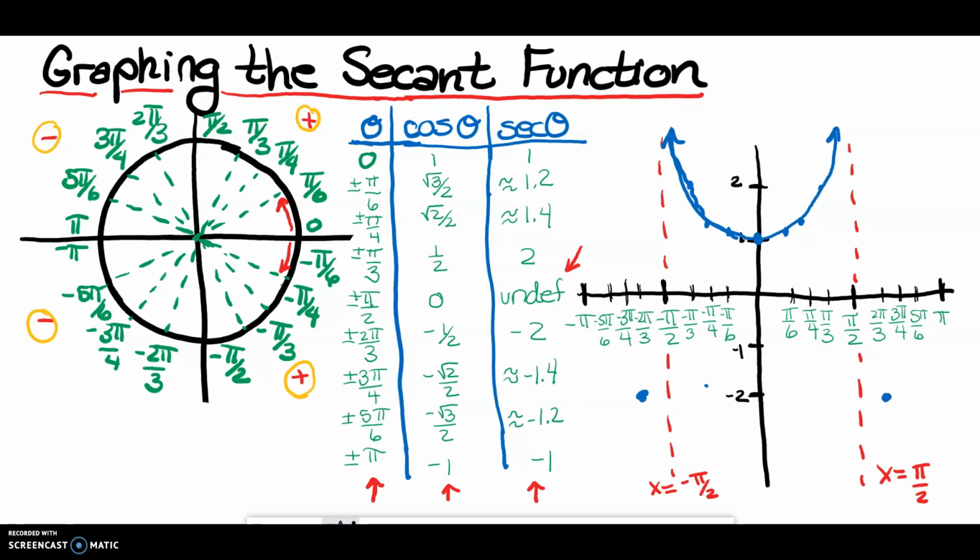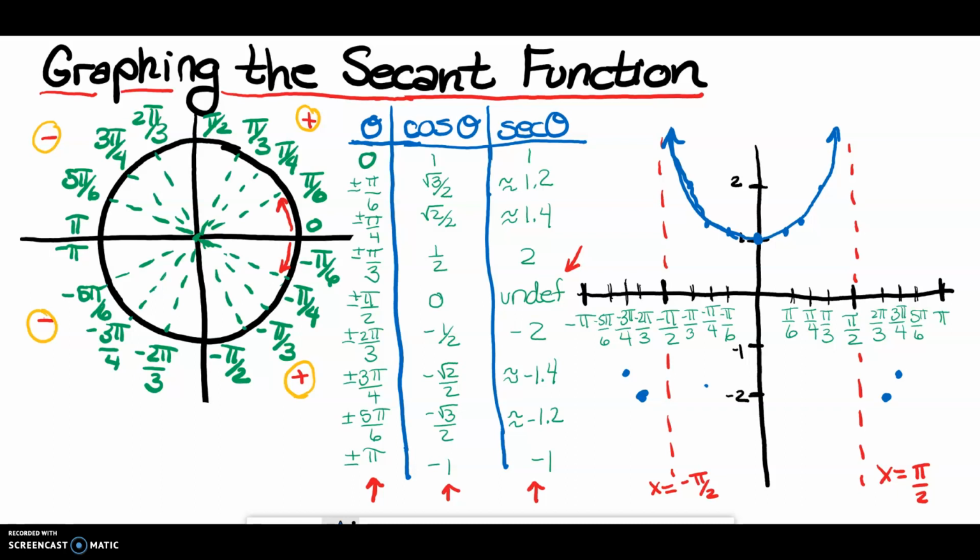And then at negative 3 pi over 4 and positive 3 pi over 4, I have a cosine value of negative radical 2 over 2, so secant is approximately negative 1.4. And then at positive and negative 5 pi over 6, I have a cosine value of negative radical 3 over 2.